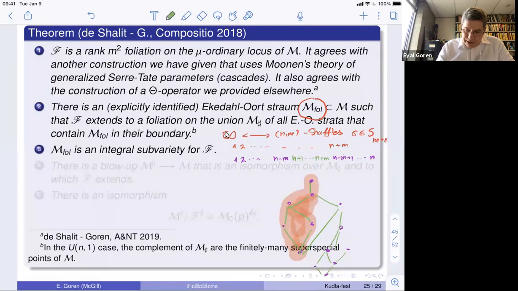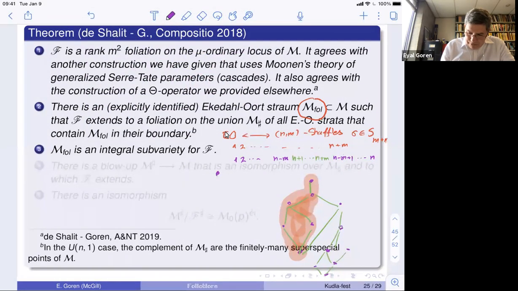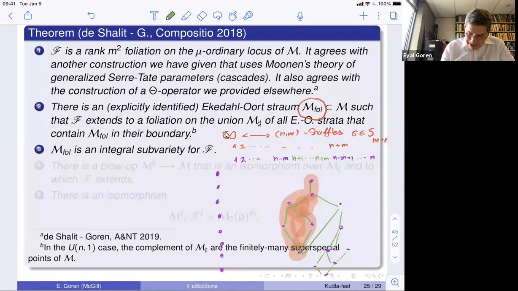The UN1 case. If you allow me to expand on that, it's a very interesting and pleasant example, where the Ekedahl-Oort strata are linearly ordered. The foliation is defined everywhere except at the lowest strata, which are finitely many superspecial abelian varieties.